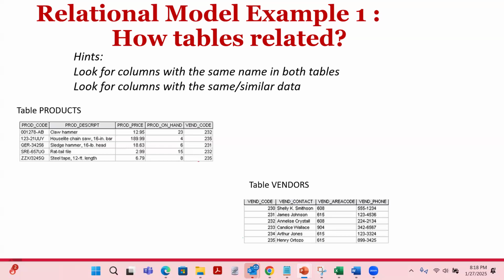If that's the case, that means that those are probably a foreign key, primary key relationship, and that's how the tables are linked together. Put a pause here, think about it to yourself, and I'm going to explain how those tables are related in a minute.